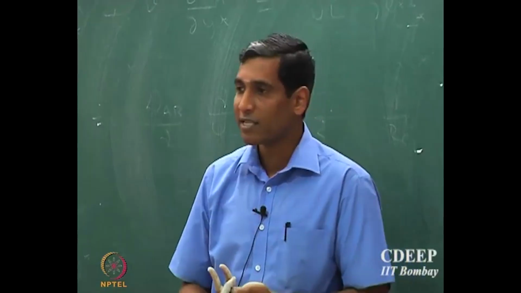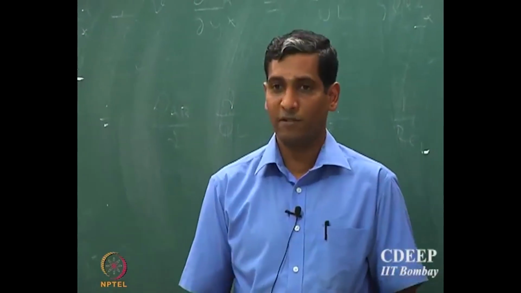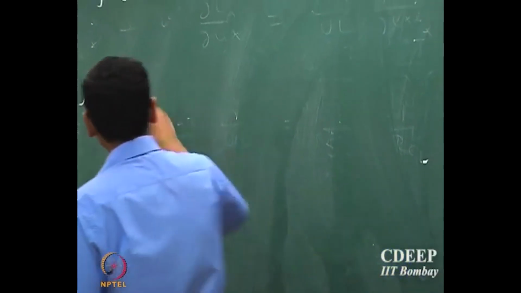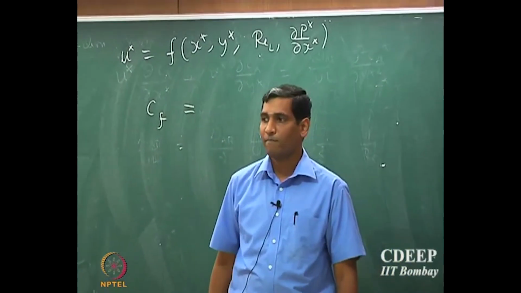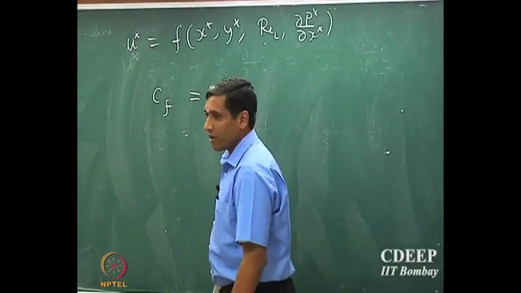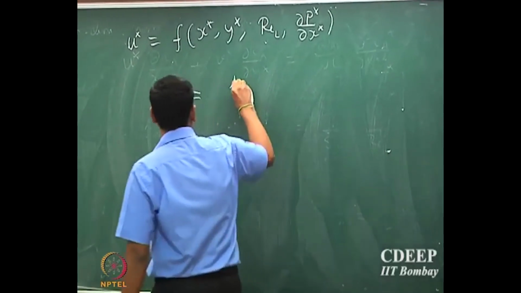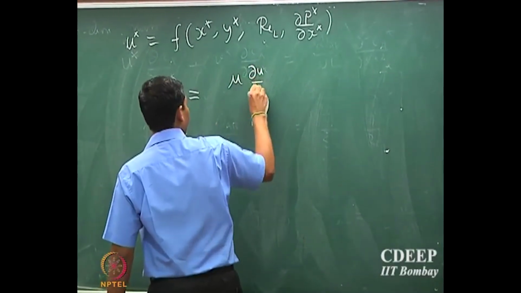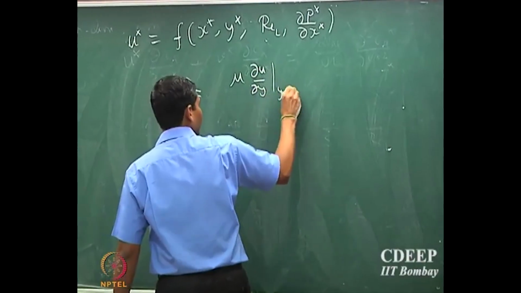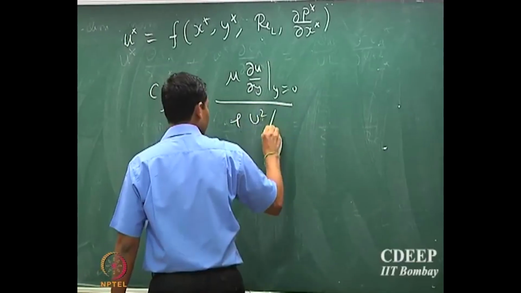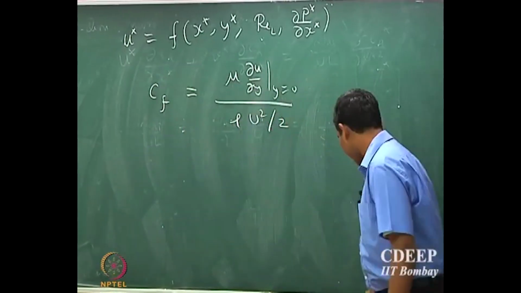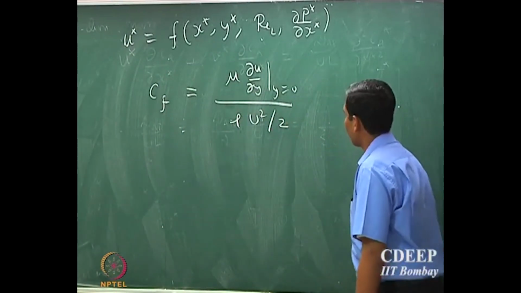So the objective of the exercise is to find these three coefficients. So if you want to find Cf, what's the definition of Cf? Okay, it's mu du by dy at y equal to 0 divided by rho U square by 2, right? So that's the definition of friction coefficient.